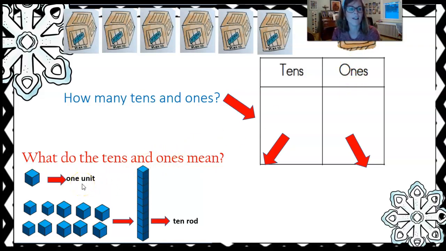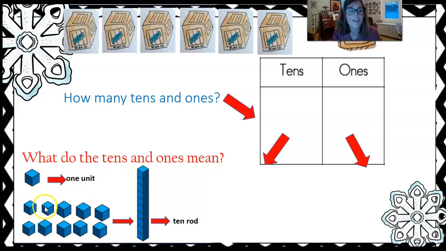Let's take a look down here at our tens and ones blocks. We're going to be using these a lot to help us understand place value. And so when we talk about one block, we're going to call it 1 unit or a unit.